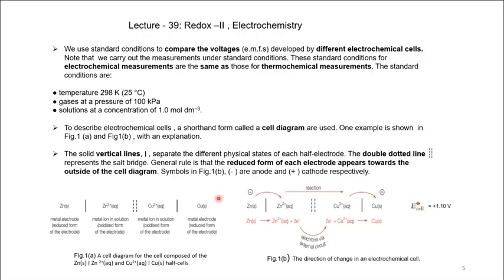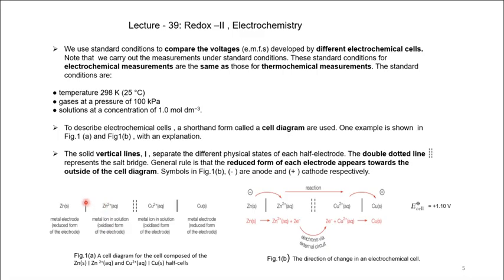Now, we are showing each half electrode, the salt bridge, the cathode and the anode. This is a shortened form called the cell diagram. This is the cell diagram of zinc and aqueous ion, and the vertical line separates the different physical states of the half electrode. This is solid, but this is aqueous. This is the physical state.